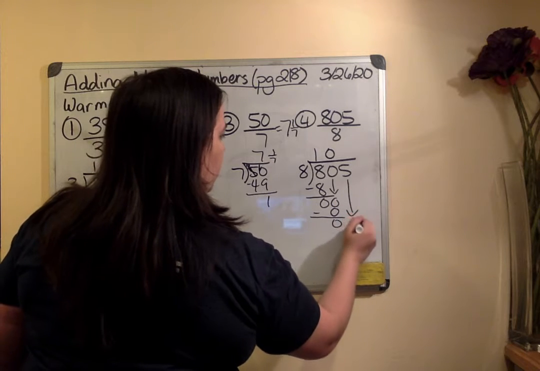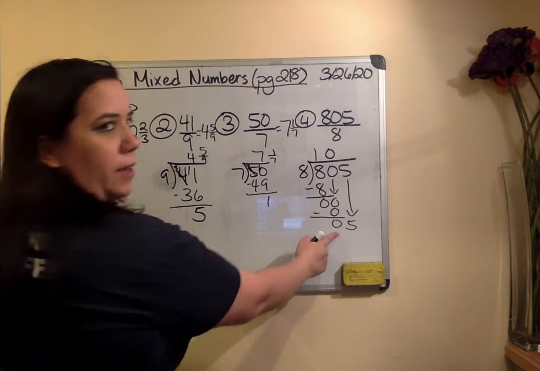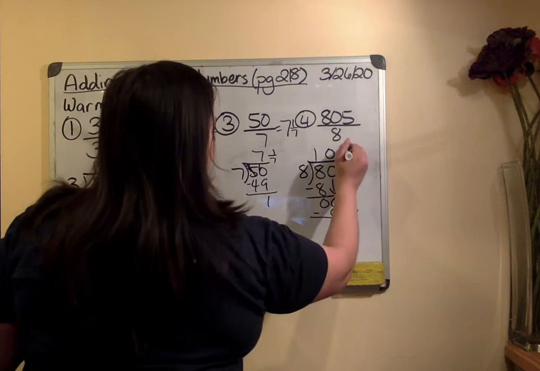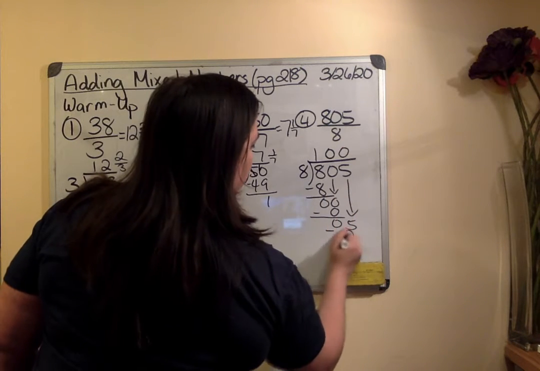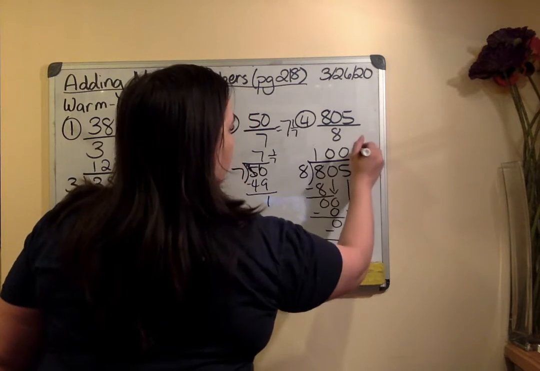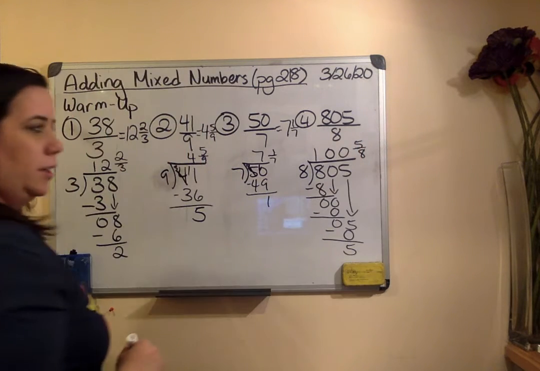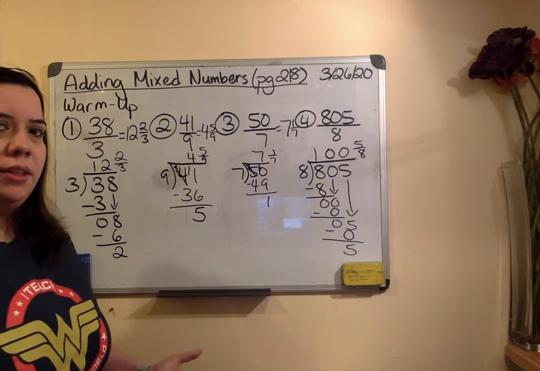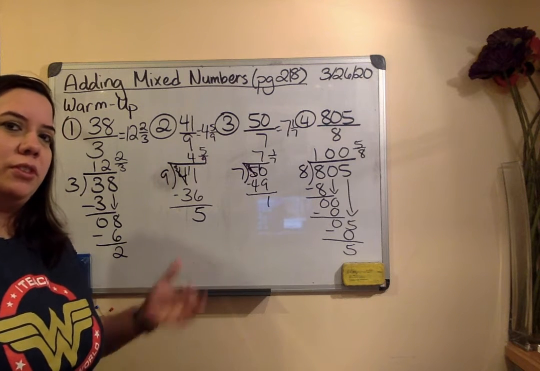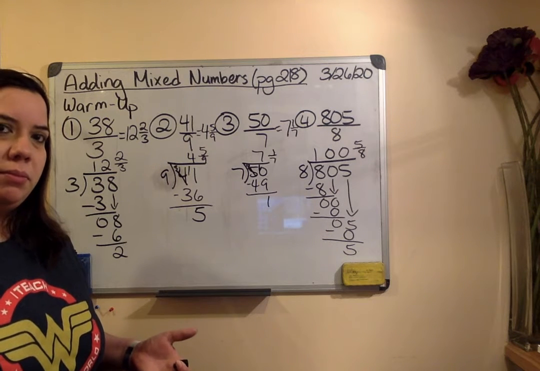Bring down your 5. 8 goes into 5 zero times. Very good. So you get 100 with 5 over 8. And that's all there is to it with converting improper fractions to mixed numbers.